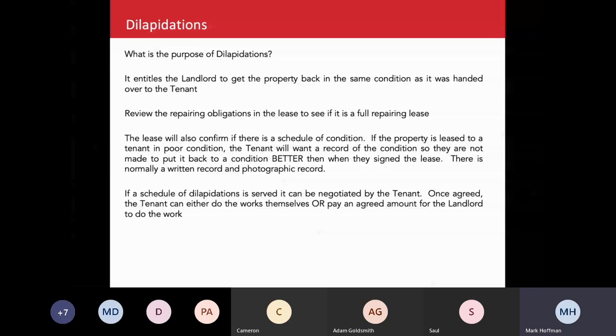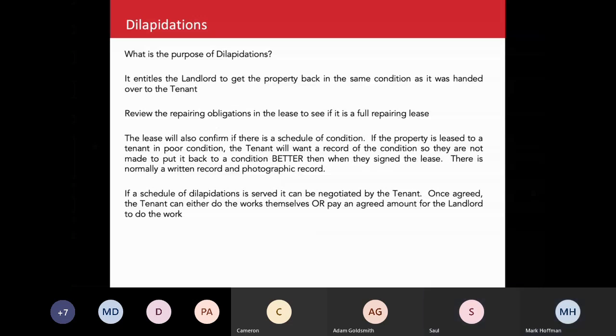The purpose of dilapidations means that the landlord is entitled to get the property back in the same condition as it was handed over to the tenant. Now, that's quite an amazing thing, that you lease a building to a tenant for 25 years, 20 years, 15 years.